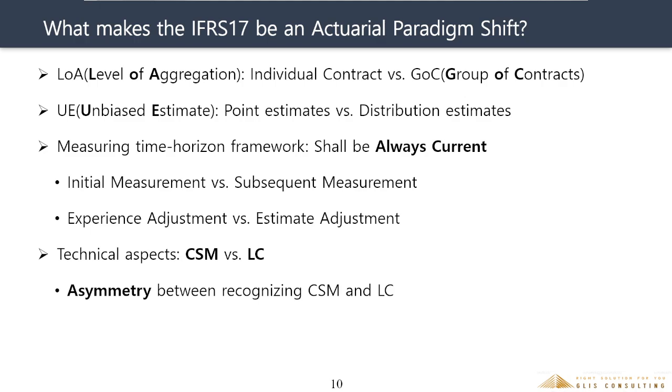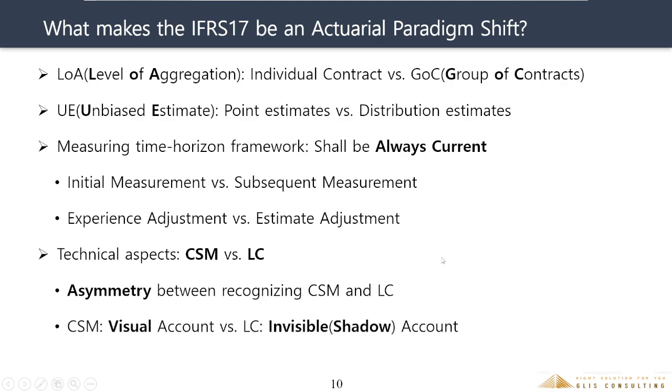I'll explain it in detail later on, but this one is probably just a future unearned profit out of the fulfillment cash flow, and this is a loss component for an onerous group of contracts, and this one is treated differently. This asymmetry between CSM and LC, and then how we recognize it as a profit or loss, is quite different. This creates a lot of complicating issues.